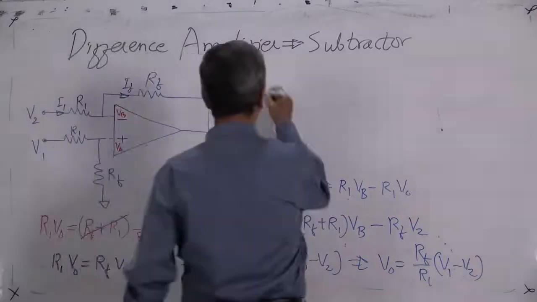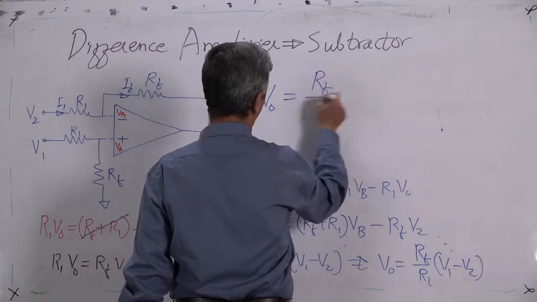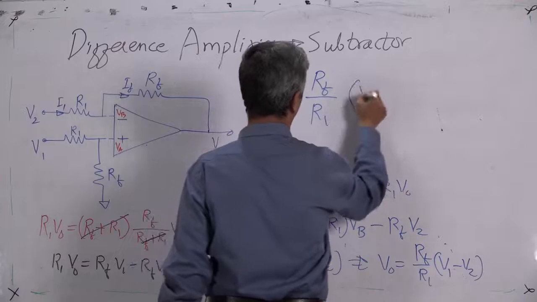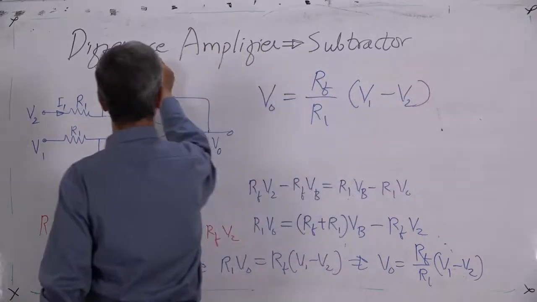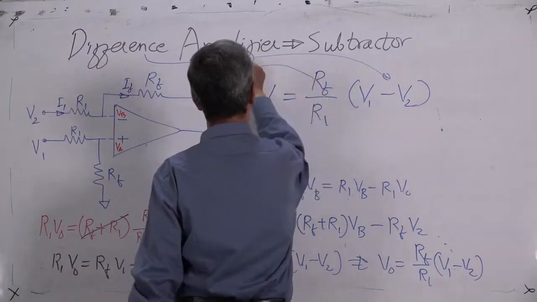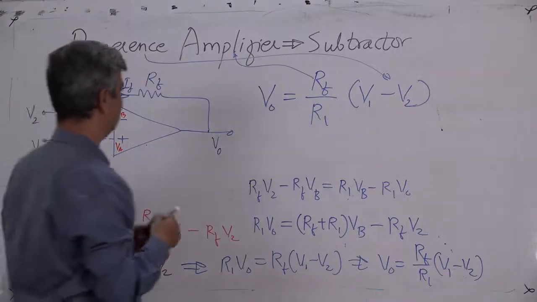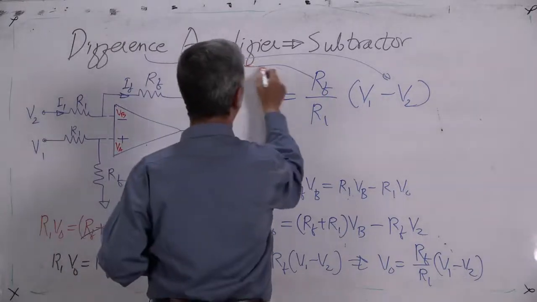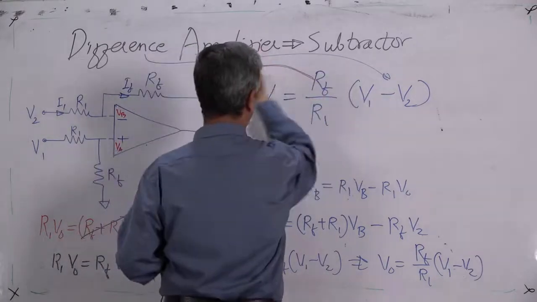So VO is equal to a constant for the given circuit into the difference of voltages. So it is a difference amplifier. I hope everything is now very clear. Difference V1 minus V2 amplifier.